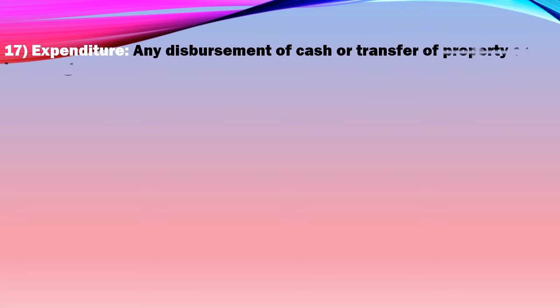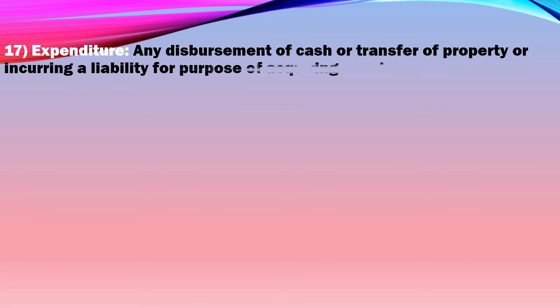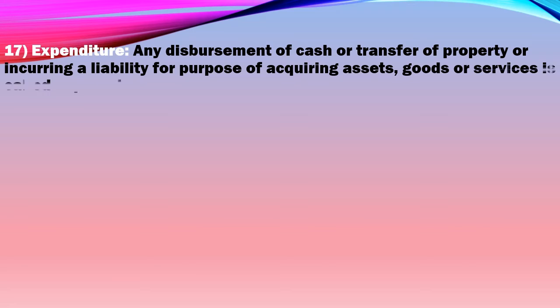Next we have is expenditure. Any disbursement of cash or transfer of property or incurring a liability for purpose of acquiring assets, goods or services is called expenditure. Now don't get confused between expense and expenditure. Expense, it helps you to earn revenue or earnings.